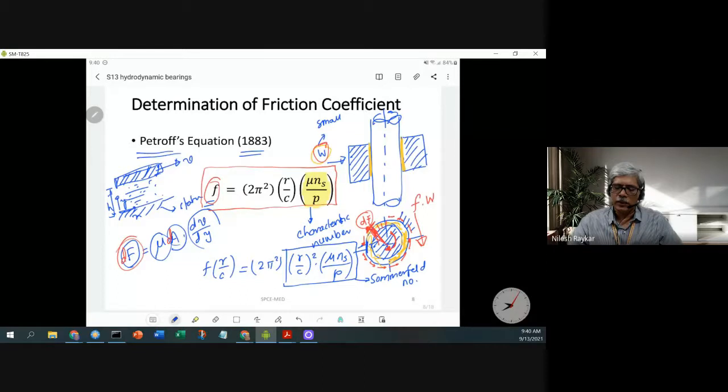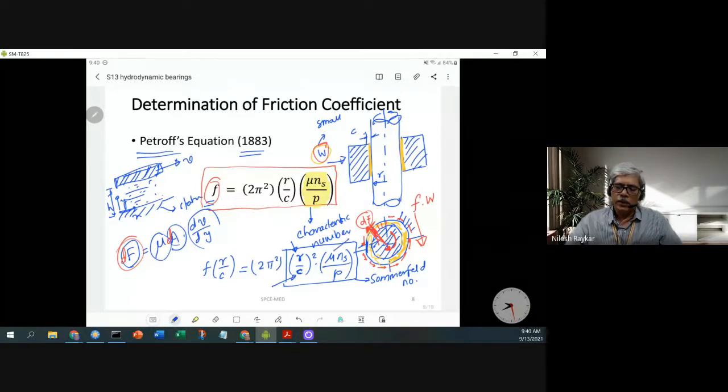One is R, the radius of the shaft, so that is the diameter of the shaft, obviously an important input. C is the radial clearance between the shaft and the sleeve. This is again a parameter which a designer of a hydrodynamic bearing needs to know.